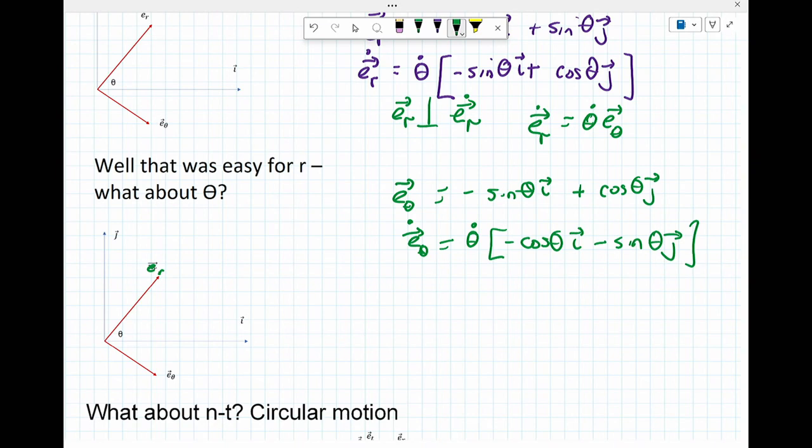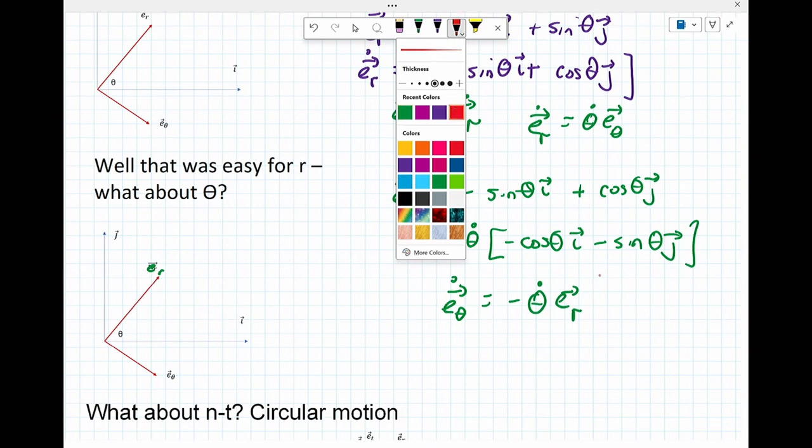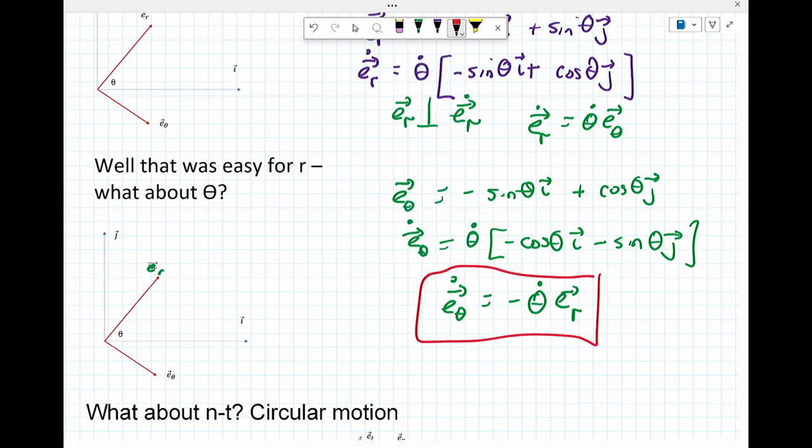So again, I have something that's acting perpendicularly. And E theta dot is equal to minus theta dot E sub r. That's good.